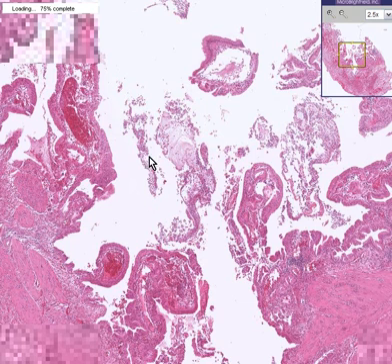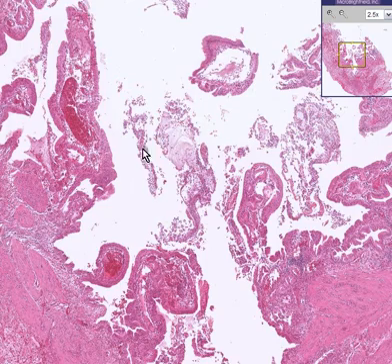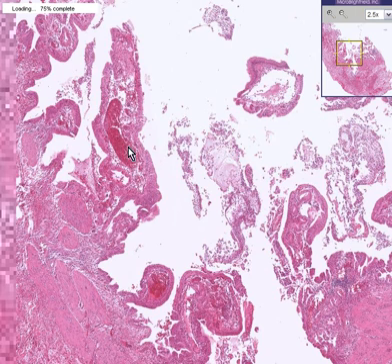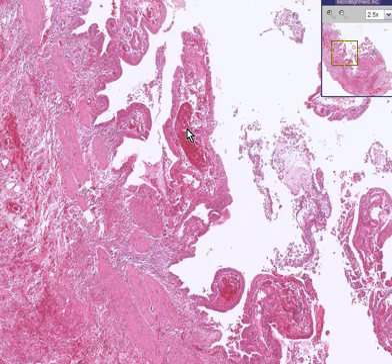And you can see that there are free exudates of this cellular and fibrinous material out in the lumen. You can also see, as with acute inflammation, is that the blood vessels directly underneath the epithelium are very much dilated as well. This is all part of the acute inflammatory process.